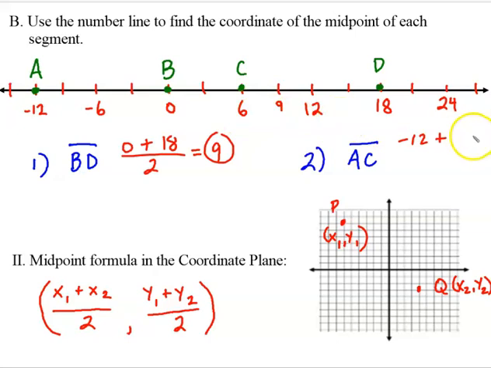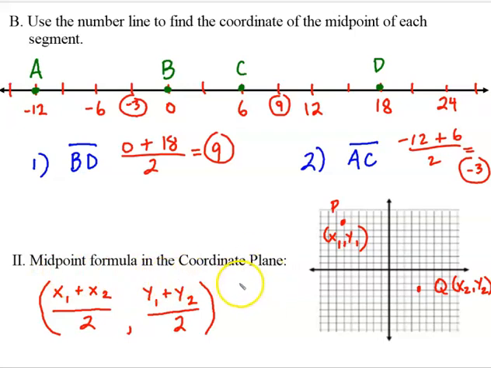We add to it the value of point C and divide by 2. And -6 would be in the numerator divided by 2. And so that would be -3, which would be located right here. So those are our two coordinates that we were supposed to find that represent the midpoint of those two segments.